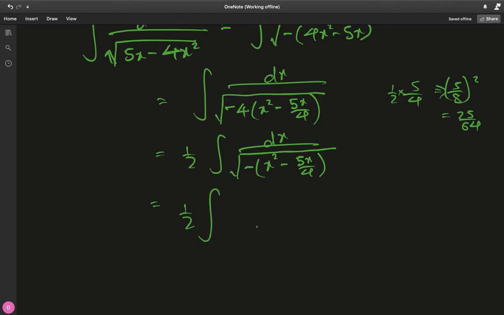So I will have to add and subtract this 25 over 64. So negative outside as it is, x squared minus 5x over 4 plus 25 by 64 minus 25 by 64.